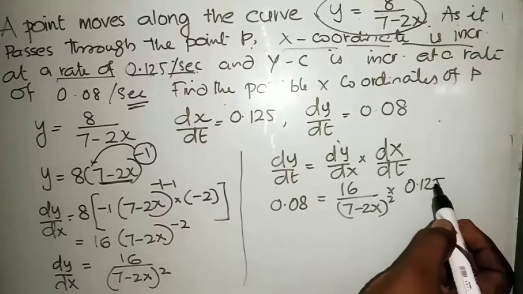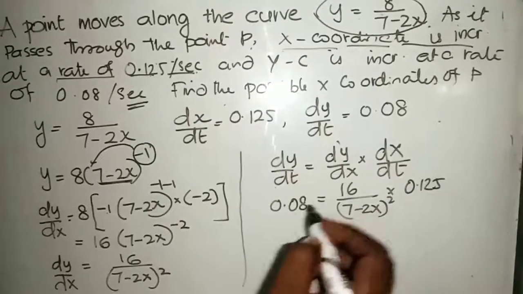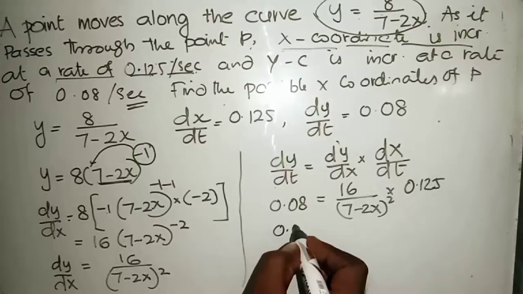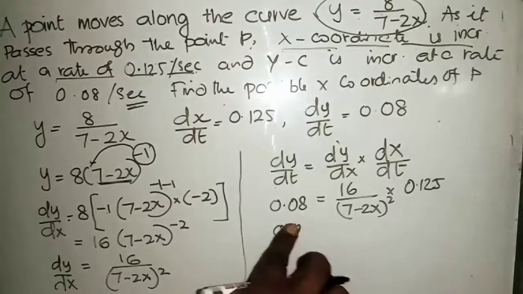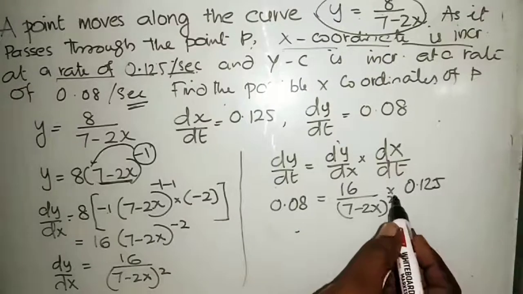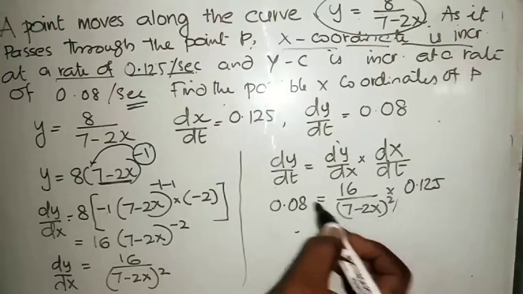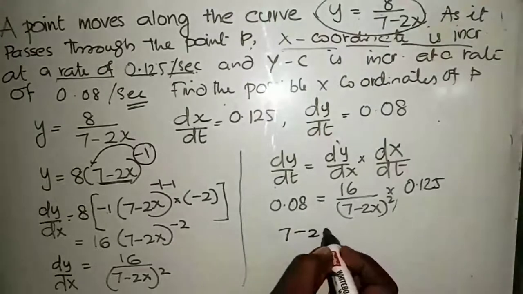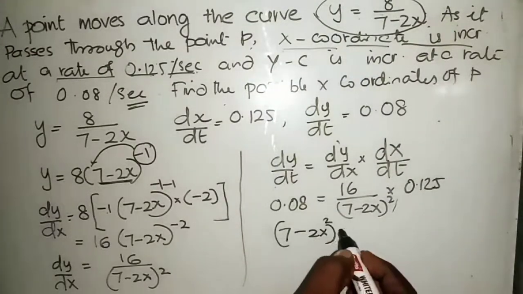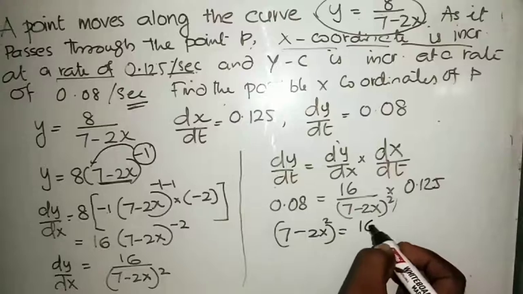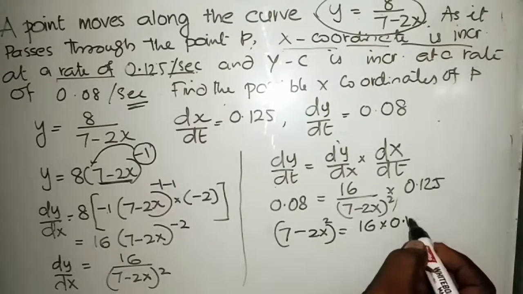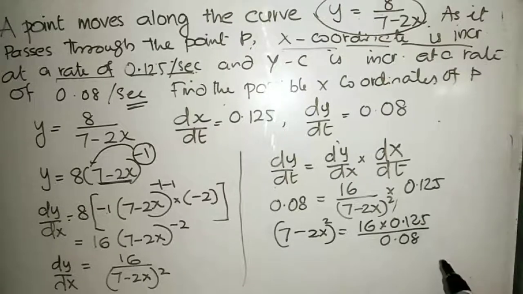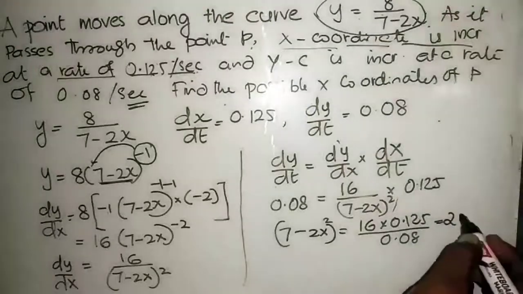Take this 0.125 to the right side. Else what we can do is take this 7 minus 2x the whole square to the left side and the rest to the right. So we get 7 minus 2x the whole square is equal to 16 into 0.125 by 0.08. That will be 25.